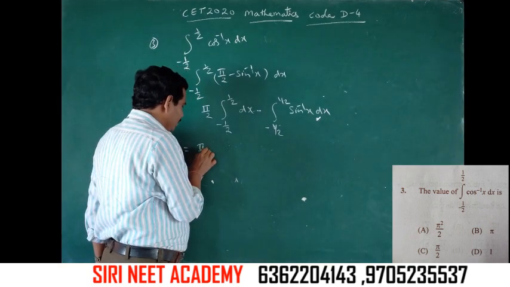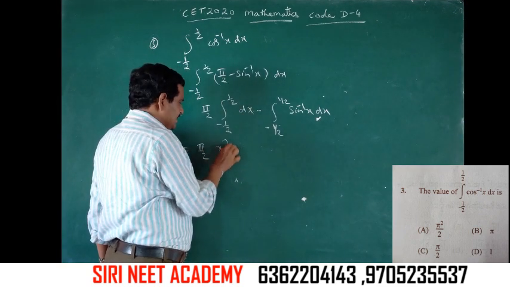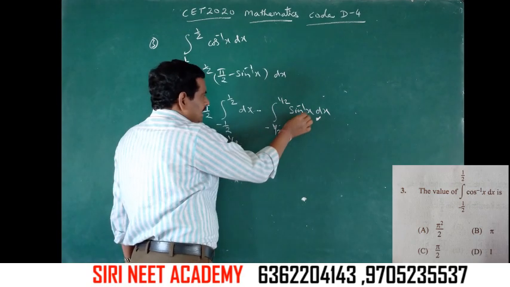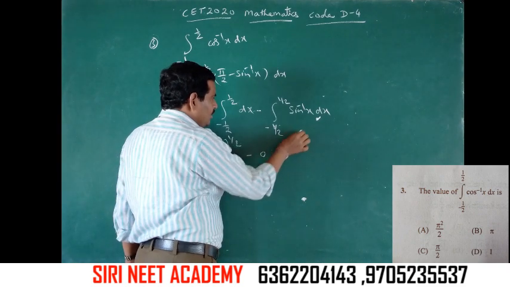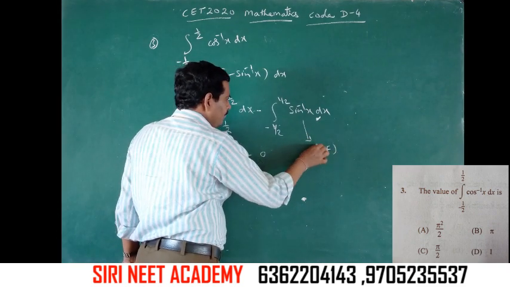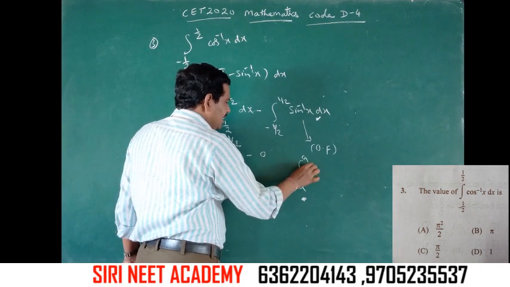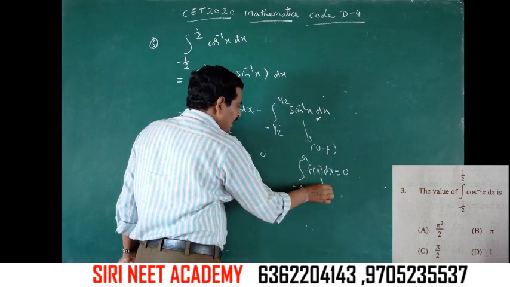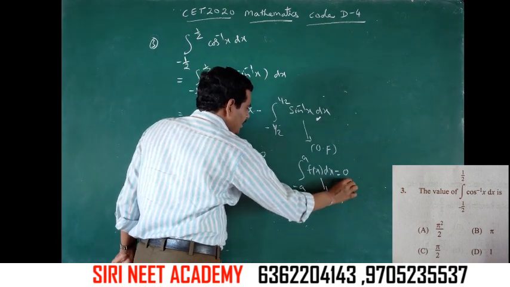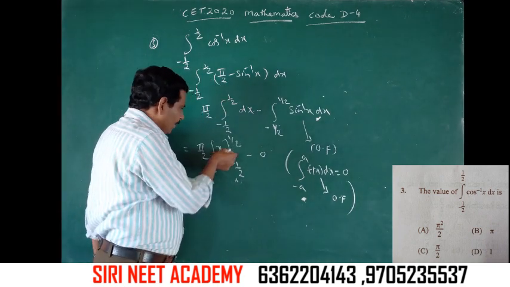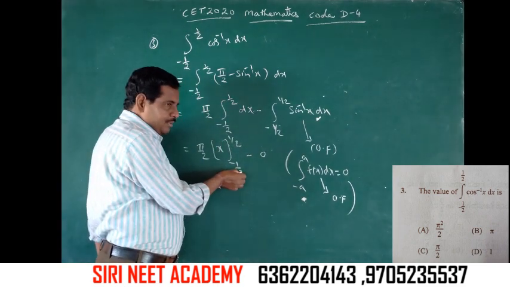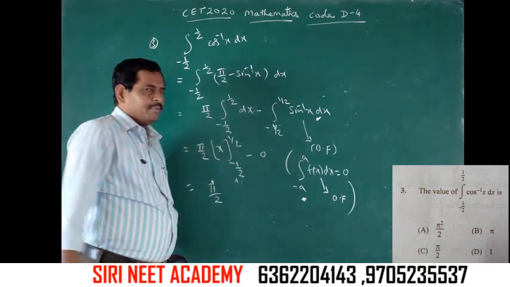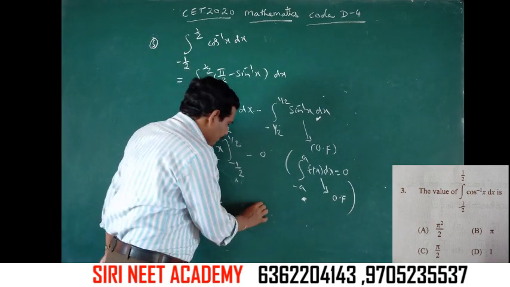That is equal to pi by 2 into the integration of dx, which is x between -1 by 2 and 1 by 2, minus the second part, which is 0 because sin inverse x is an odd function. The integral from -a to +a of f of x dx is 0 if f of x is an odd function. So the upper limit 1 by 2 minus of minus 1 by 2, so 1 by 2 plus 1 by 2, 1, into pi by 2, which results in pi by 2. So option D.